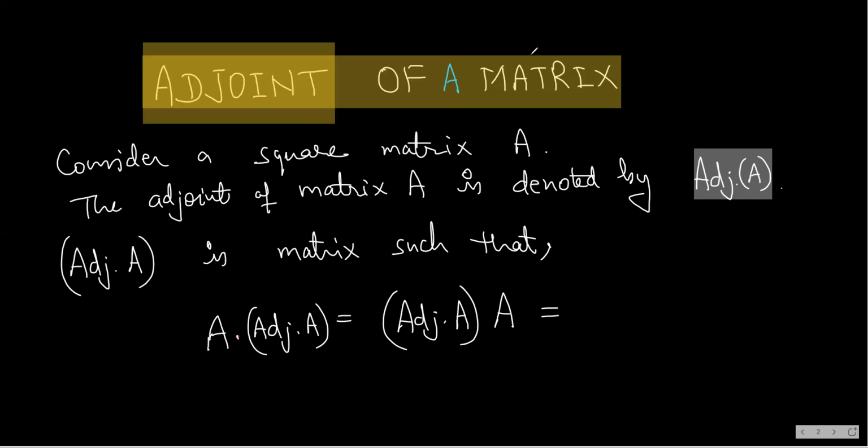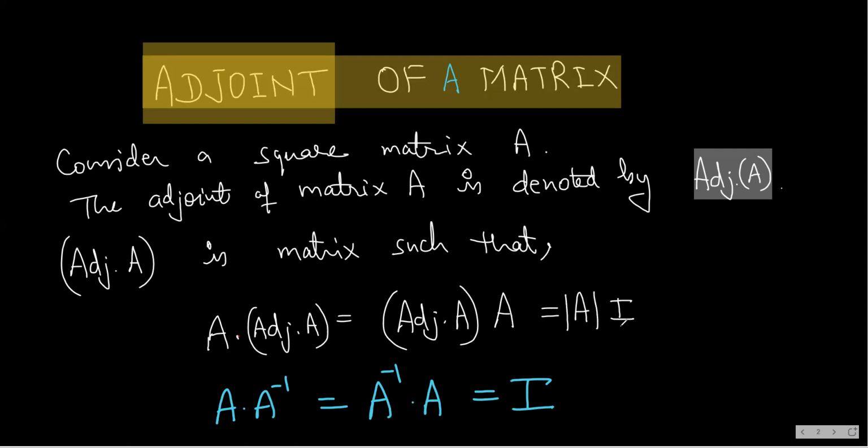Before I write this, let me take you back to inverse. In inverse, you wrote A into A inverse equals A inverse into A equals I. So here it will be I into determinant of A. That's the difference.